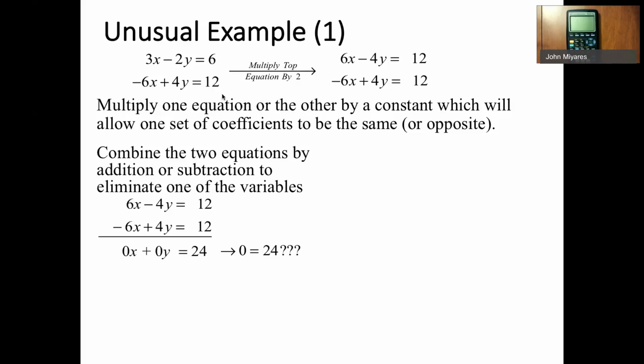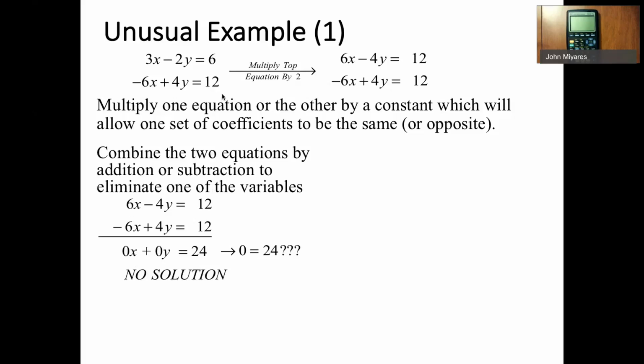So what does that mean in the context of this problem? Well, essentially, it means that this problem has no solution, or rather, a solution to this problem can only exist whenever 0 equals 24. And since that can never happen, there must be no solution.